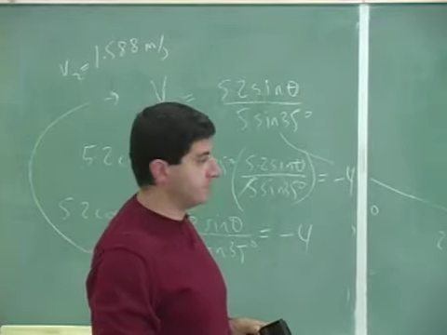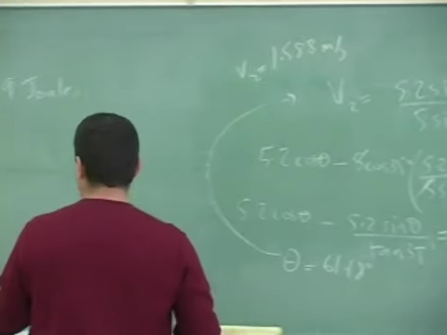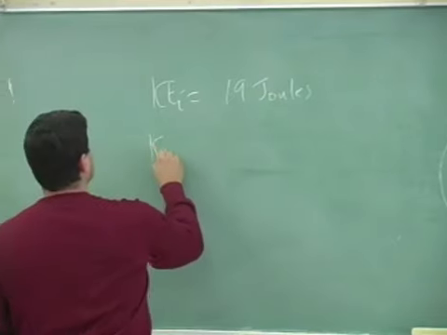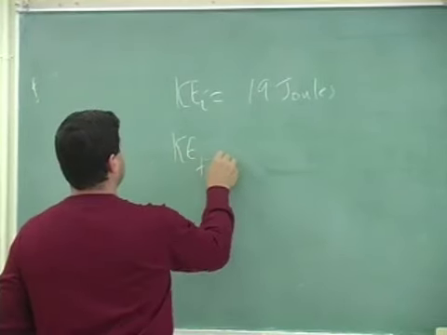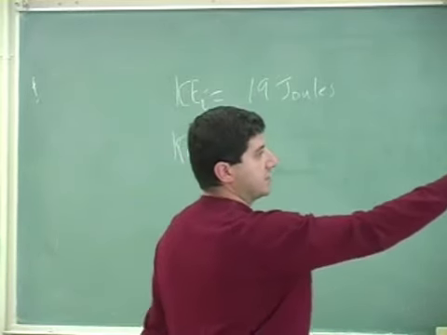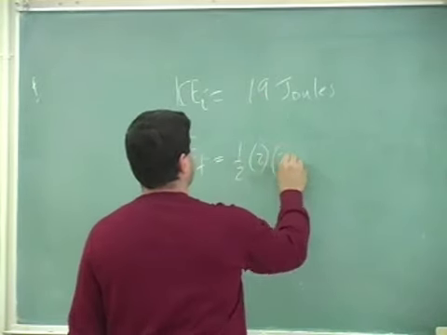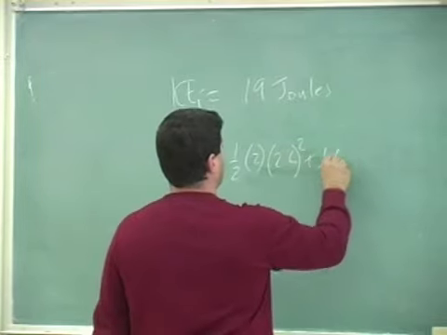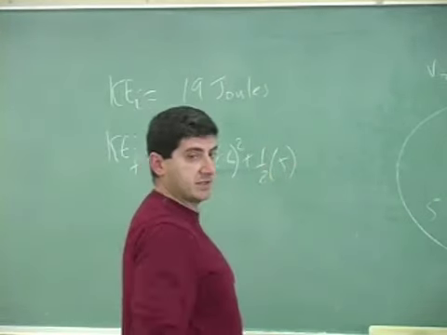You see? So now the final kinetic energy is going to be 1.5 times 2 times its velocity squared, 2.6 squared, plus 1.5 times 5 times this velocity squared.